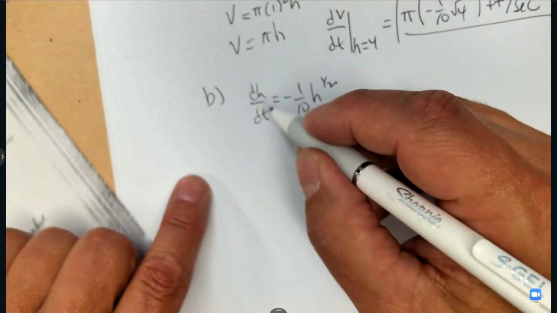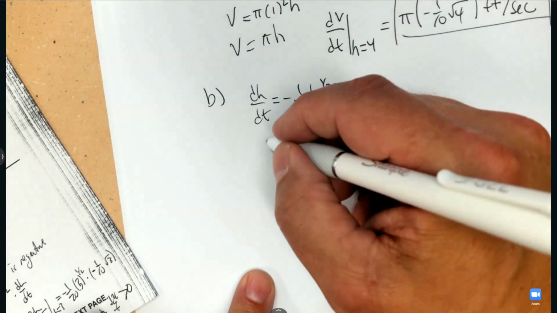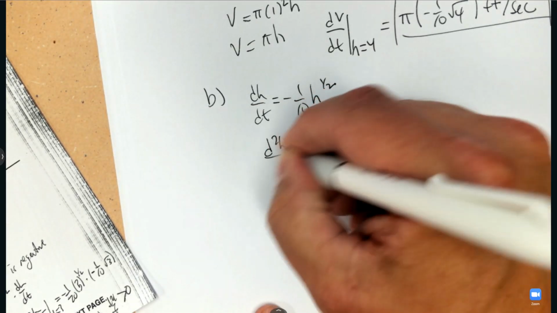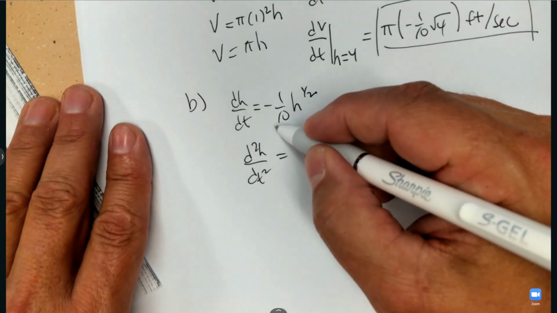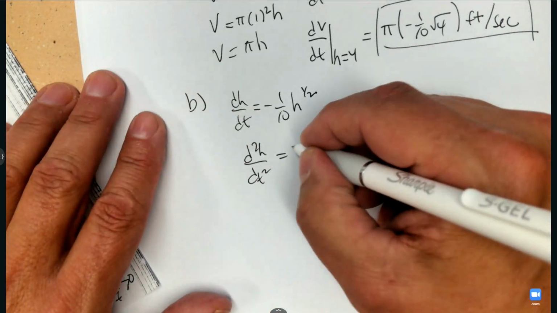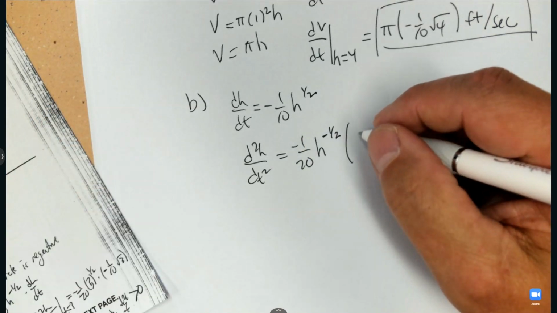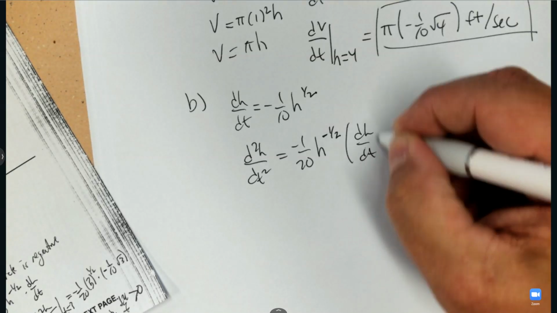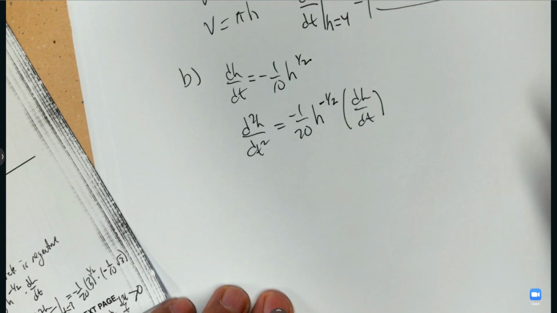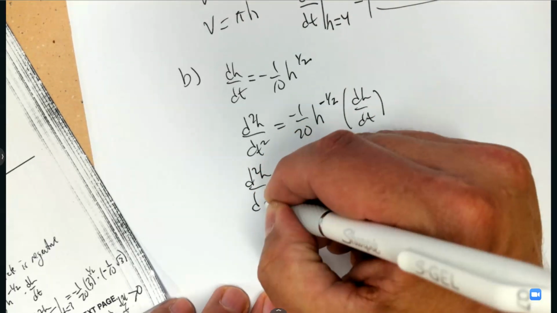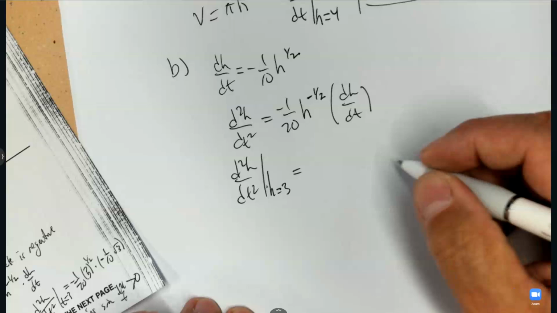And then I'm going to take the derivative of that derivative to know if that rate is increasing or decreasing. So I'm going to go 1/2 times negative 1 over 10. So that's negative 1 over 20. Going to subtract 1 from the exponent, and then it needs the hook dh by dt. And then we have a number for h. So then I'm going to plug in what h equals. So h equals 3 in this case.